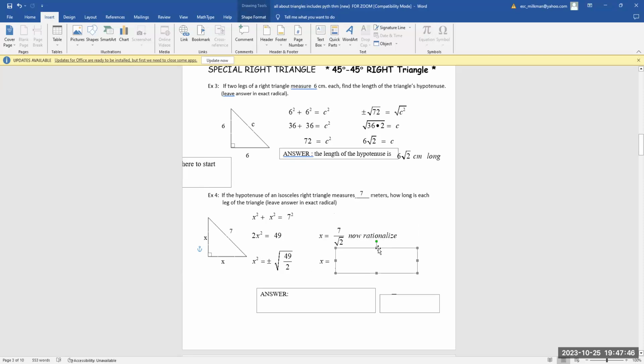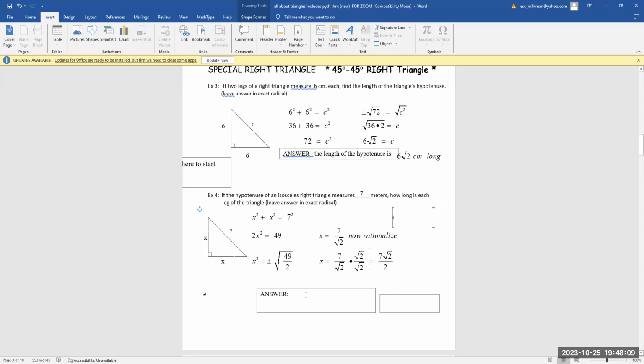The square root of 2 is in the denominator, so we have to rationalize this, just like good math students. We rationalize by multiplying the numerator and denominator by a very special form of 1, so we have 7 radical 2 over radical 2 times radical 2, giving us 7 radical 2 over 2.